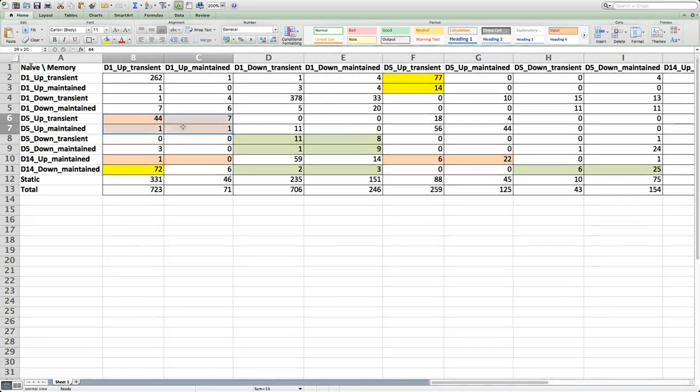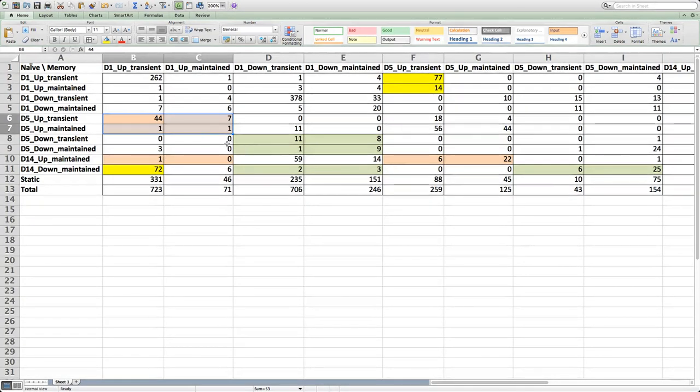For example, these 4 boxes here, in naive cells they were upregulated at day 5, and in memory cells they were upregulated at day 1. The reason these red ones would be interesting is that theoretically these genes would explain the stronger and more rapid response of memory cells to an infection compared to naive cells.